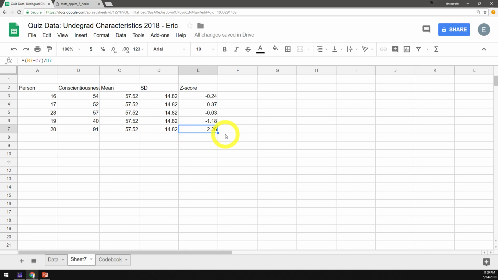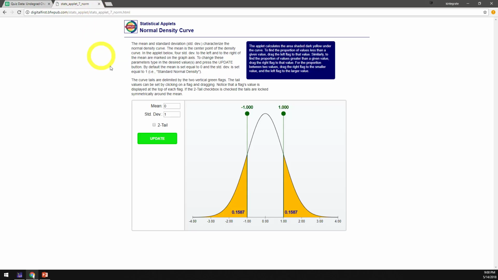Now the question might be, what is the proportion of people that fall below this? So we're going to pull up a stats applet that really helps visualize this. Here we have the normal distribution.